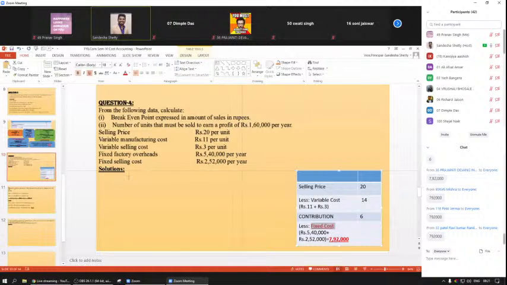So our first question is to find out the break-even point. Contribution we have already done. Find out break-even point. Can anybody tell me, before calculating break-even point, what is first required?